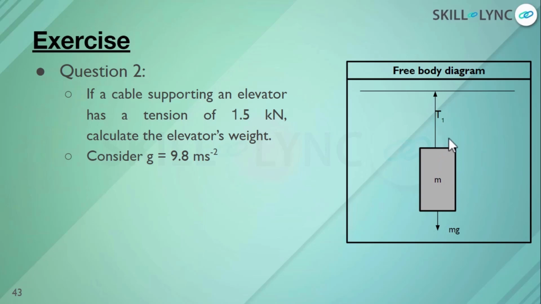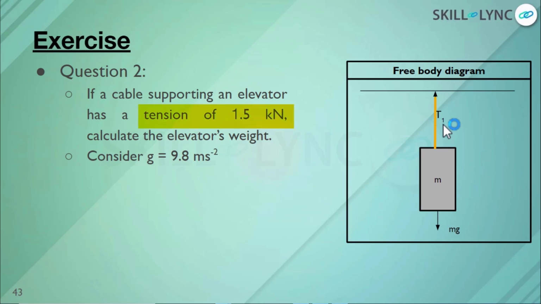So this is an elevator of mass m, supported by a cable of tension T1, where T1 is equal to 1.5 kilonewton as given in the question. We have to consider that acceleration due to gravity is 9.8 meter per second square.